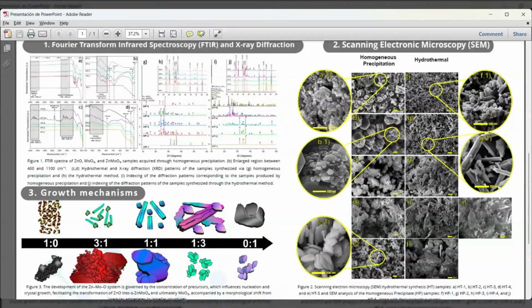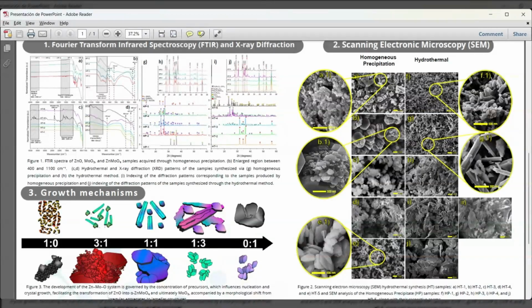The hydrothermal samples show a different morphological evolution. HT1 exhibits a clear nanorod morphology, characteristic of the anisotropic growth of zinc oxide. As molybdenum is introduced, these nanorods coexist with the development of plate-like structures. For HT3, the formation of zinc molybdate is accompanied by a more pronounced lamellar morphology, while the remaining rod-like structures are still observed.